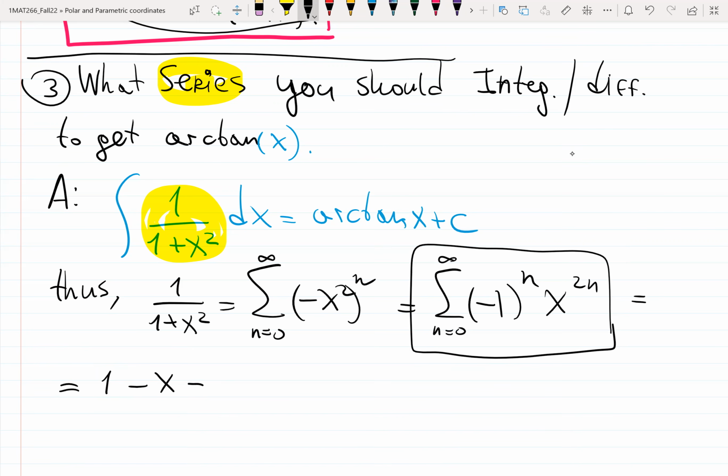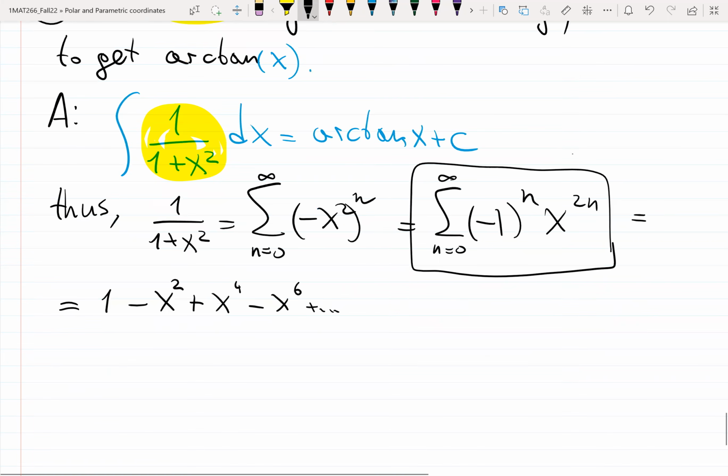At 2, it is plus x squared. At 3, it is x to the 6. If you put that, that is correct. So if the expansion is correct, then it is correct. But I prefer the one in the box because that's what I put in the multiple choice questions. I did not give you any expansions. All of them are sums.